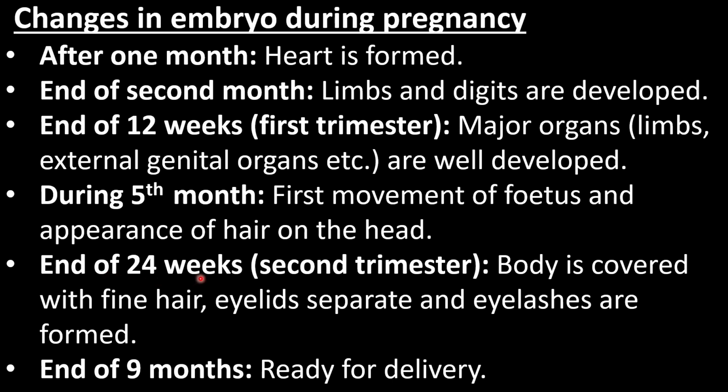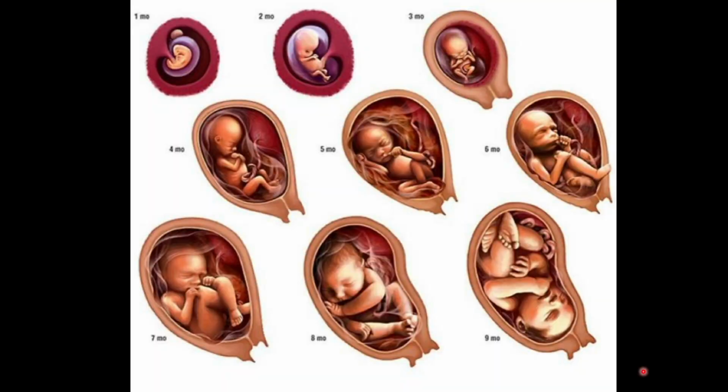At the end of 24 weeks, that is the second trimester, the body is covered with fine hair, eyelids separate and eyelashes are formed. And at the end of the 9th month, the fetus is fully developed and ready for delivery. So these are the changes that occur in the embryo during pregnancy. Here, in the first month, the embryo heart is formed.